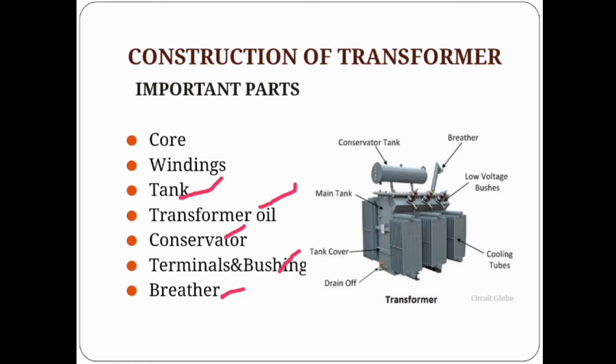These are the remaining parts of the transformer, and the two most important parts are the core and winding, because the main work of the transformer takes place in these two parts. First I will start with the core, then I will complete the winding.